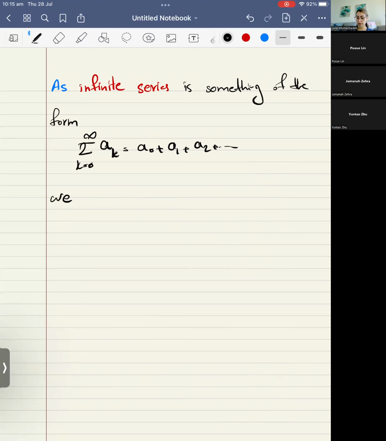We say it converges to S, and we can write summation from k equals 0 to infinity of ak is equal to S like this.